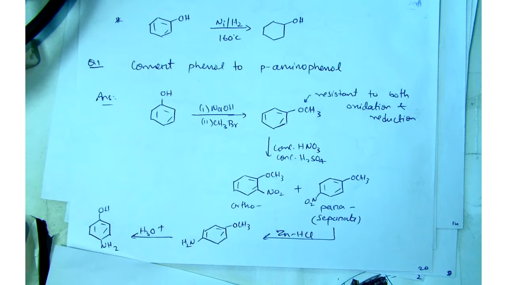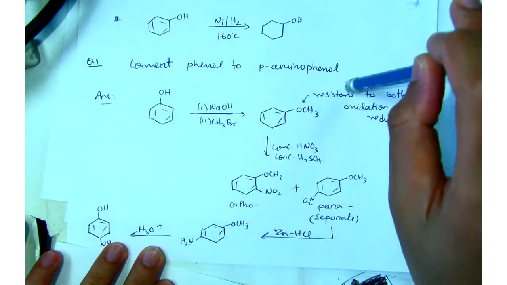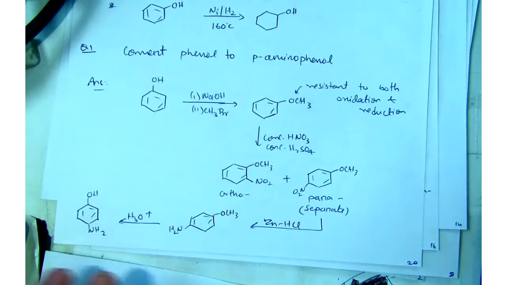So the Br lone pair is in resonance with the ring, so there is double bond character. So NH3 will not do SN2 on that Br. Otherwise you can do it, but that's the issue. We will also discuss separately that aryl halides will not react all the time in a similar way to normal alkyl halides.